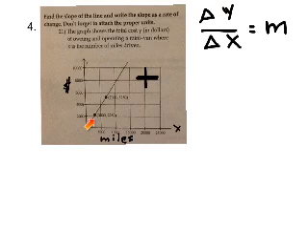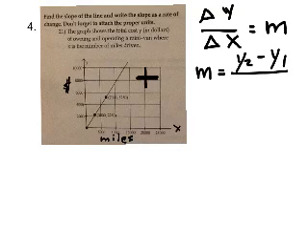Okay, so we're going to calculate our rate of change. We'll use our formula, m equals y2 minus y1 over x2 minus x1. We have to decide which one's going to be our first point. It doesn't really matter which way we go.